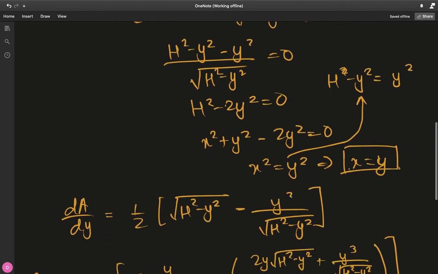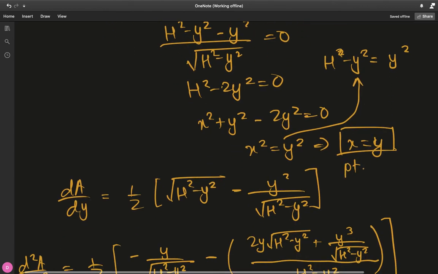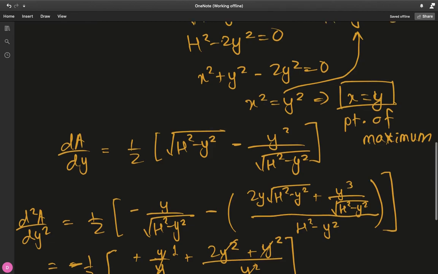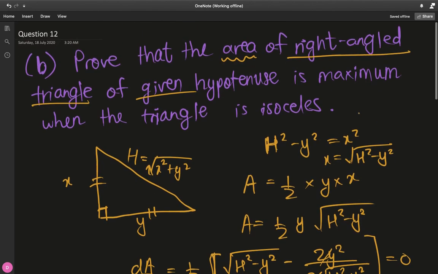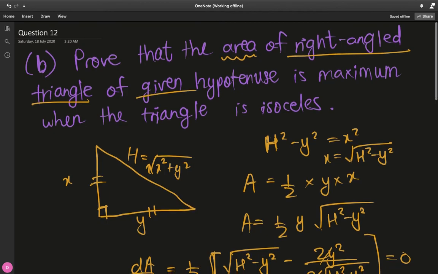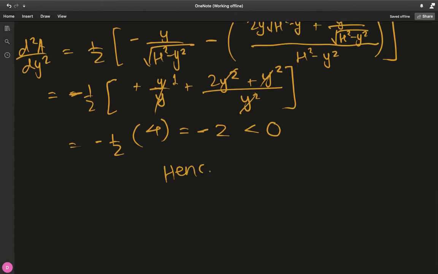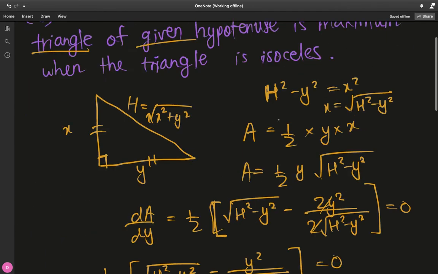Therefore this point where x equals y is a point of maximum. We showed that with the second derivative test, and showing this is really important because we can confuse it with a point of minimum and then get this answer. So x equals y, so this side is equal to this side, two sides equal, it's an isosceles triangle, hence proved. QED, just like we had to.